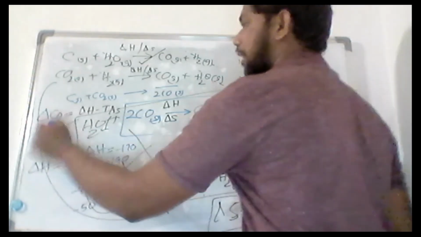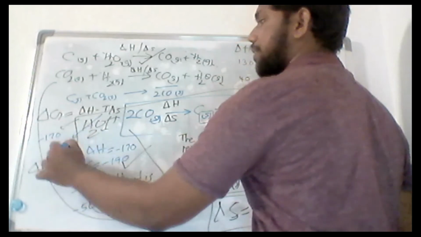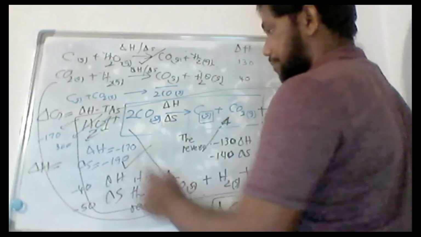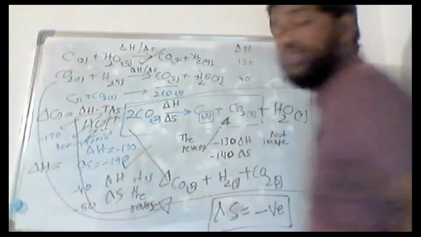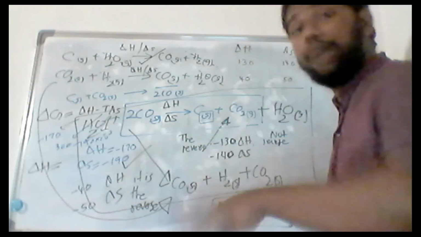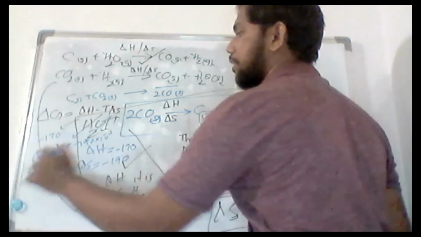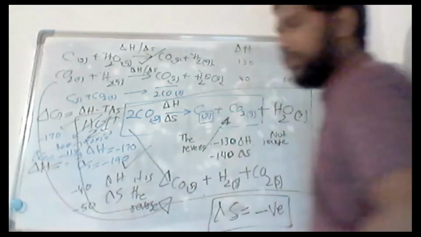And when you plug these values in, minus 170 here, temperature 27 means 300 Kelvin. Delta S is minus 190 into 10 to the power minus 3, because it is given in joules, so you have to convert that into kilojoules. And when you find delta G, you will get minus 113 kilojoule per mole.